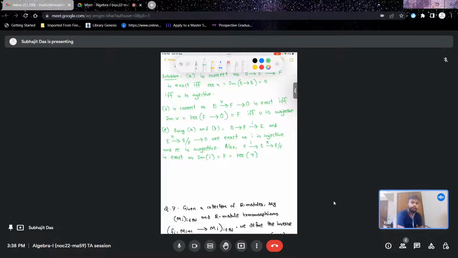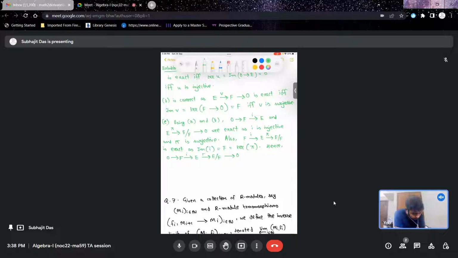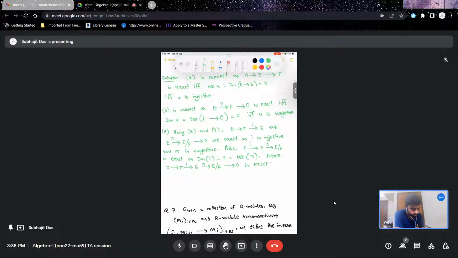The kernel of pi is precisely F. Hence 0 to F to E to E mod F to 0, I, pi, is exact. So option C is correct as well.